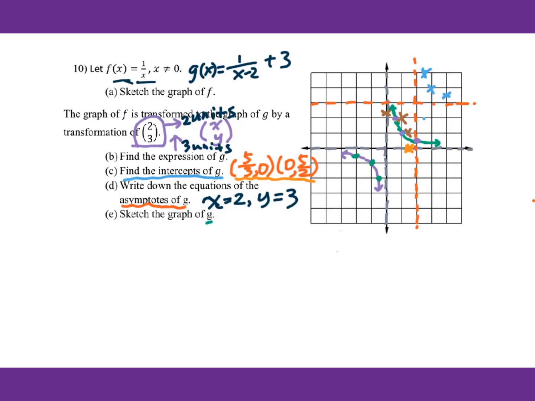The y-intercept, that's 0, 2.5, is already plotted over here. Then you connect this across. For the asymptote lines, the graph gets very close but never touches them. That's it.